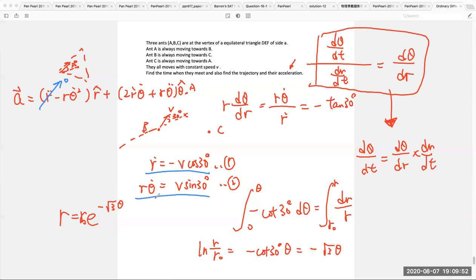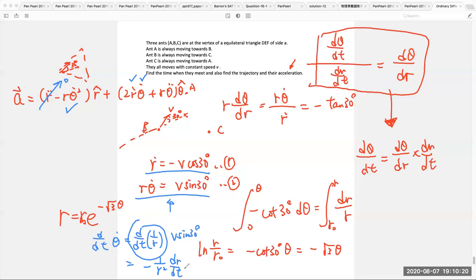And phi-dot is not a constant. So for r-dot you get it, for phi-dot you get it. And if you want to find the phi-double-dot, you need to differentiate this one. But v sine 30 is a constant. So this one, you just need to use the chain rule. Okay, then you can get the answer.